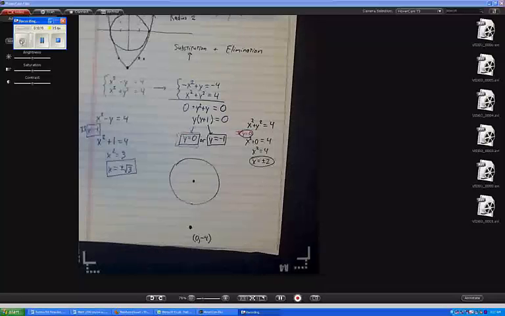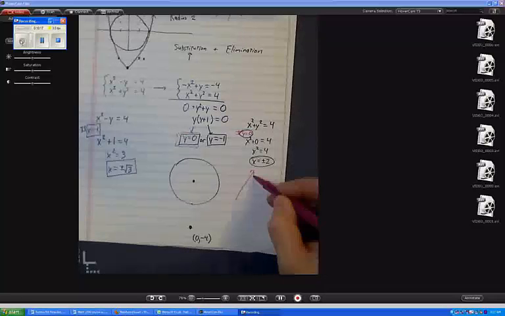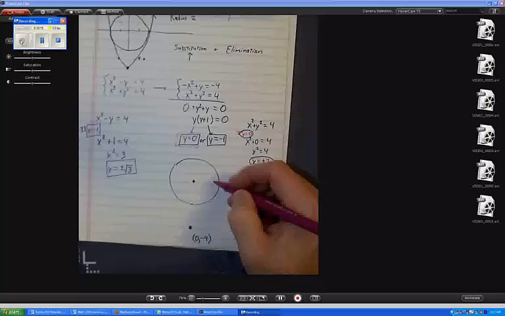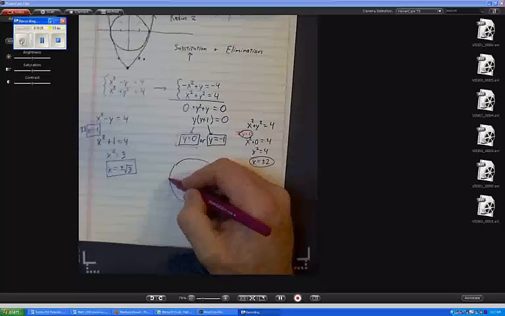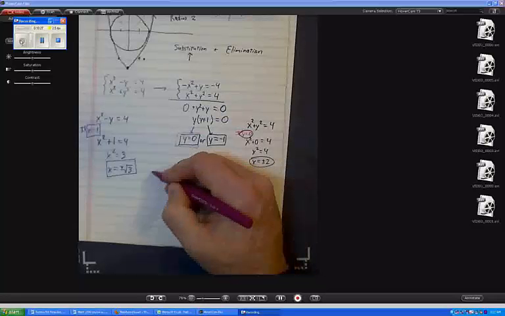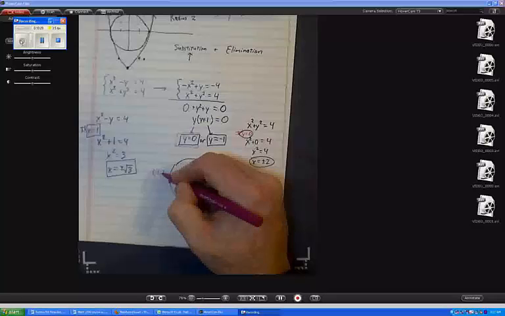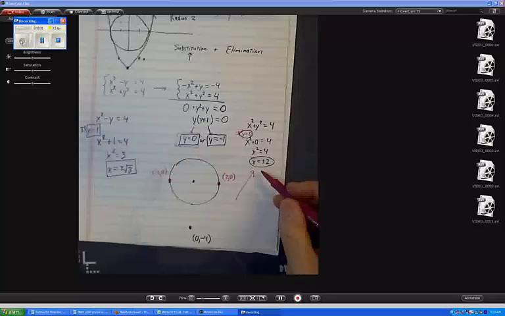Now look over here. This calculation tells me that one point of intersection is at 2, 0, and another point of intersection is at negative 2, 0, right? Because x is allowed to be plus or minus 2 when y is 0.